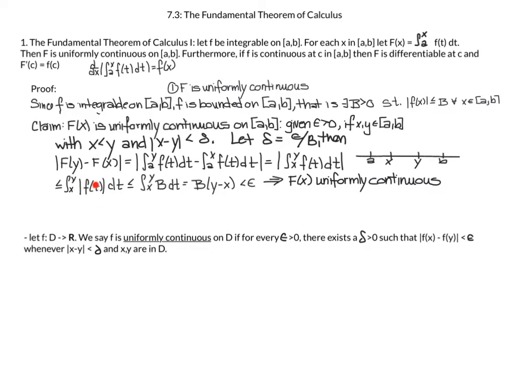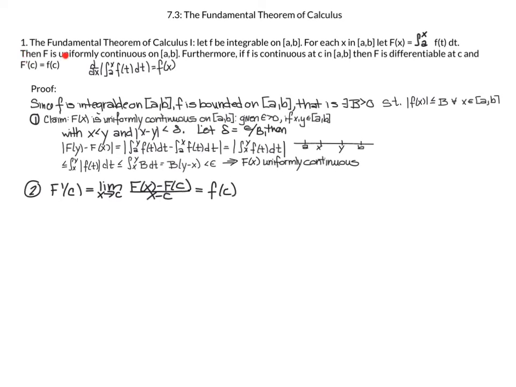Now the absolute value of each f of t is less than or equal to B, so I can plug in B, and this integral is equal to B times y minus x. As long as the difference between x and y is less than delta, and I choose delta to be epsilon over B, this whole thing, the difference between the two function values, is less than epsilon, and therefore capital F is uniformly continuous.